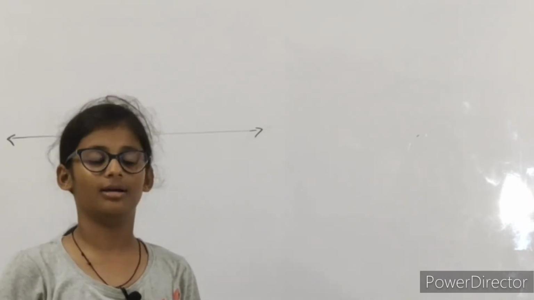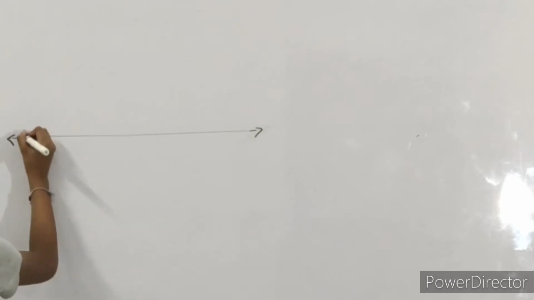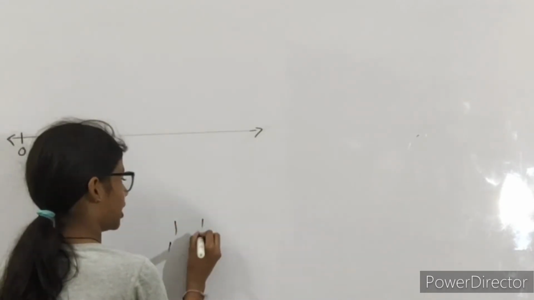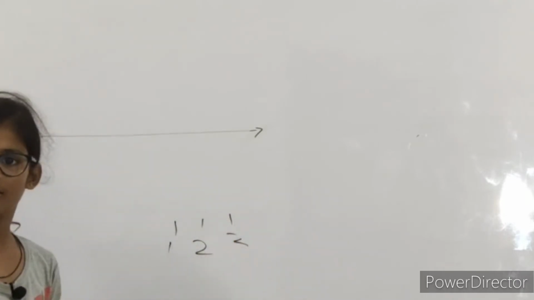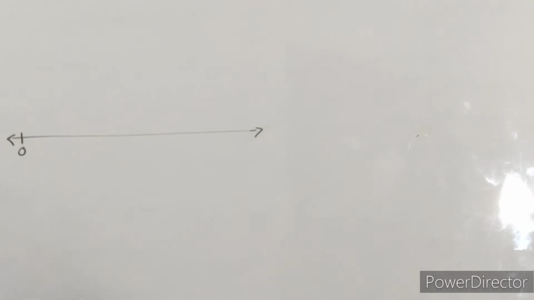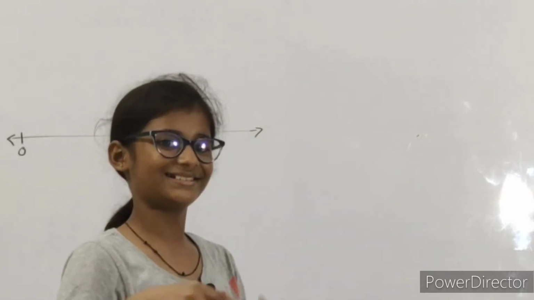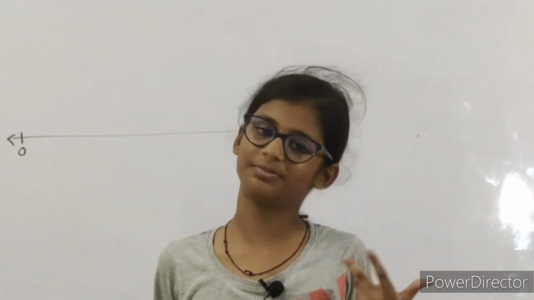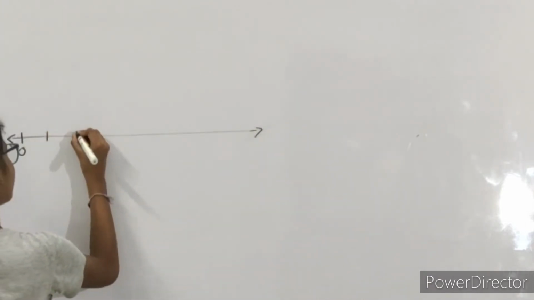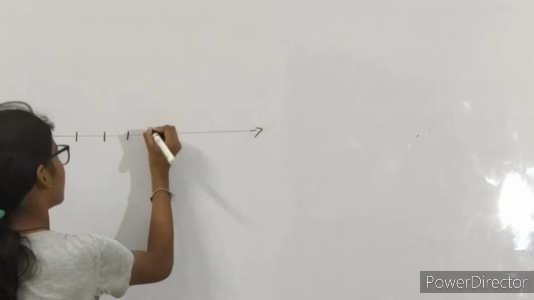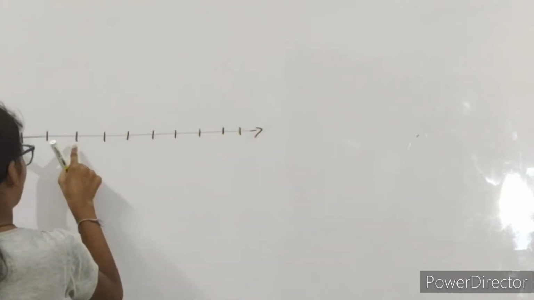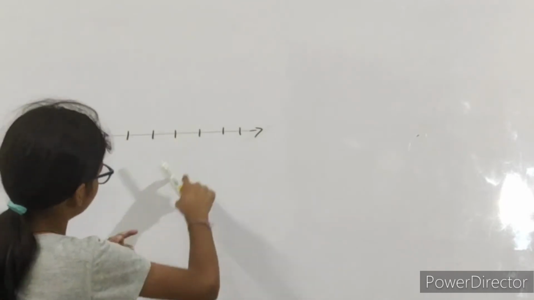So see, here 0. And after that you will not write like 1, 2, 3. No, not like that. You will write in fractions. It's a chapter on fractions, so fractions everywhere. So what you will do? Of course, first the same length, equal everywhere. 1, 2, 3, 4, 5, 6, 7.